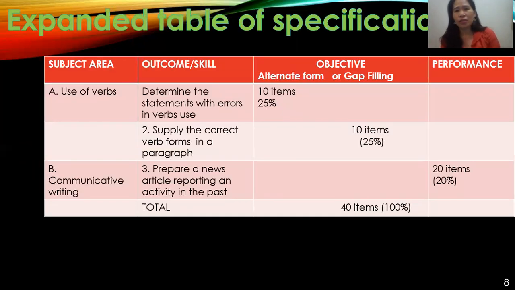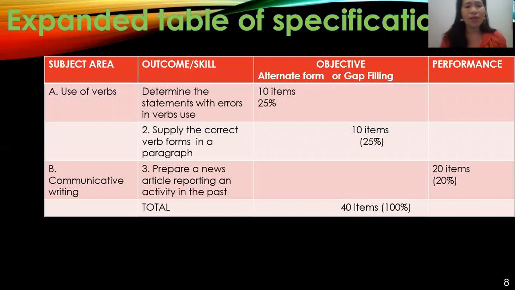Okay, so table of specification. In this form, the specific item format to be utilized in framing the test questions is indicated. Take the table below as an example. So just look at the example table.